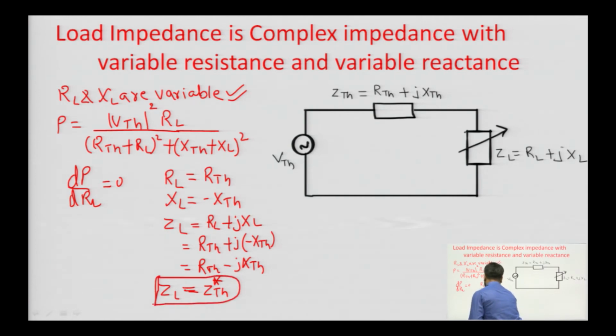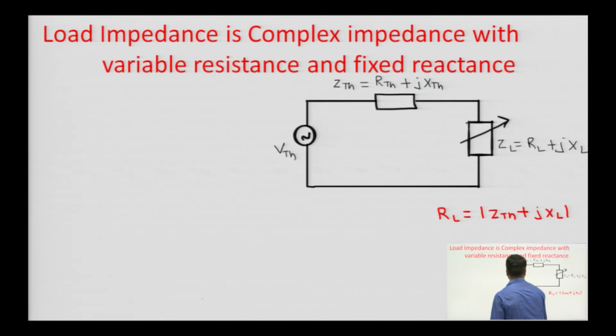So, for maximum power transfer, in case both load resistance and reactance are variable, Z L must be equal to Z T H conjugate.